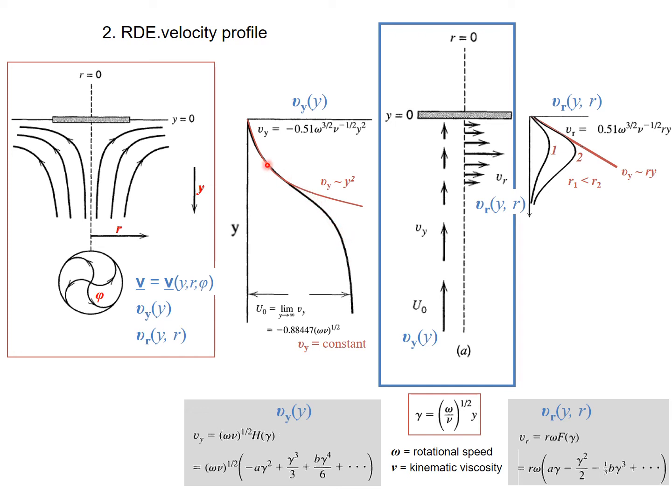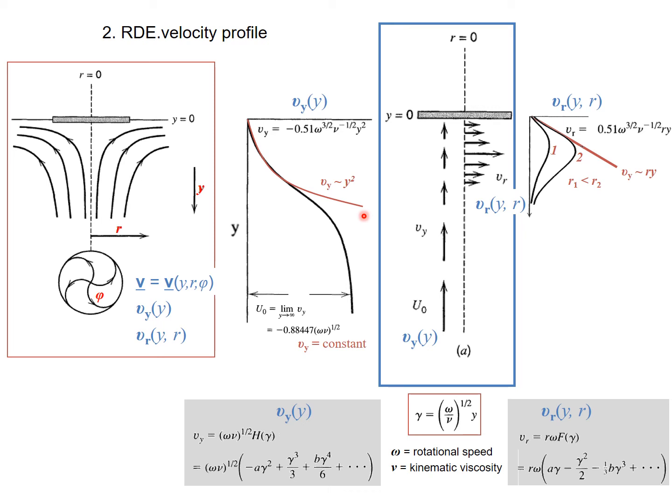Finally, at y equal to 0, you don't have any flow velocity on the surface of the electrode in the y direction. Around the surface, the velocity profile can be simplified into this equation: Vy is just proportional to y squared. So around the surface of the electrode, the velocity can be described by some parameter times y squared.